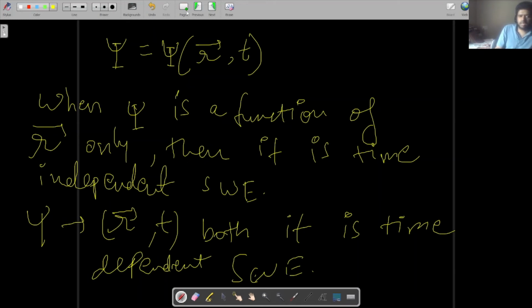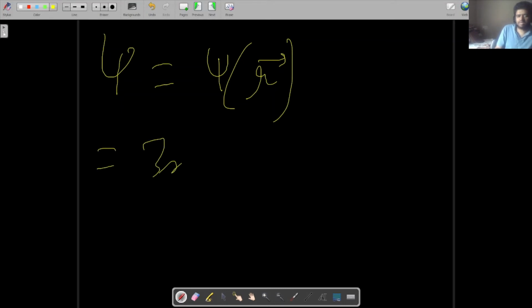When I say that psi is a function of r only, then definitely there is no t term present in it. So when I write the function, I will write simply 3x square i cap plus 3y square j cap.